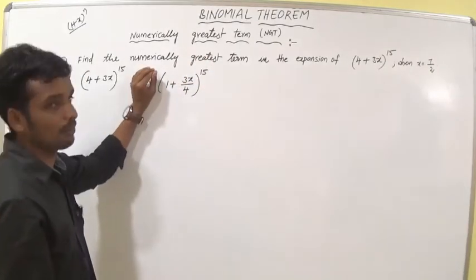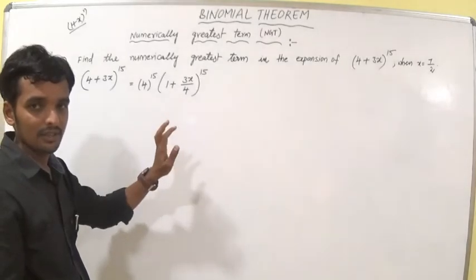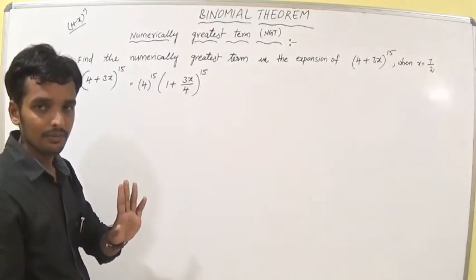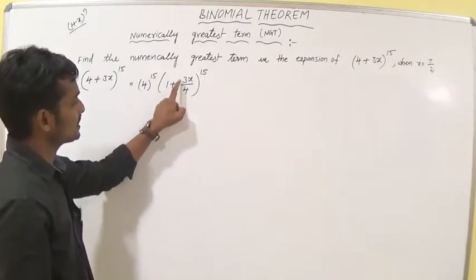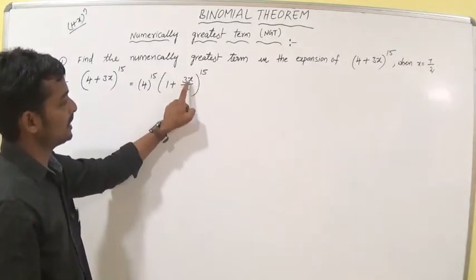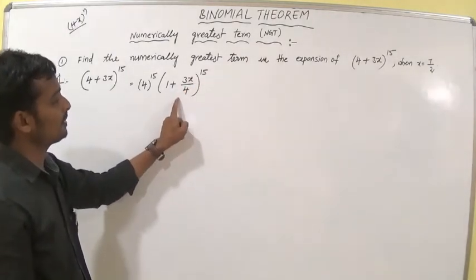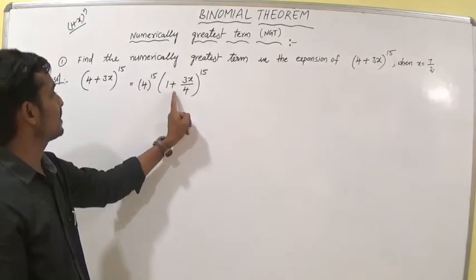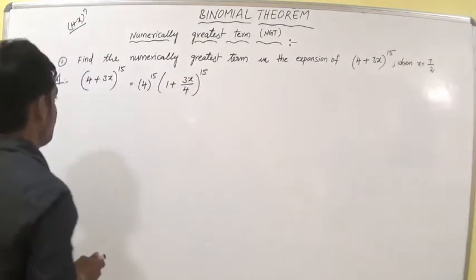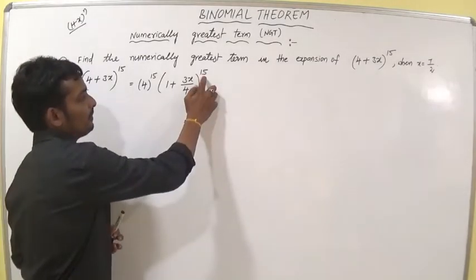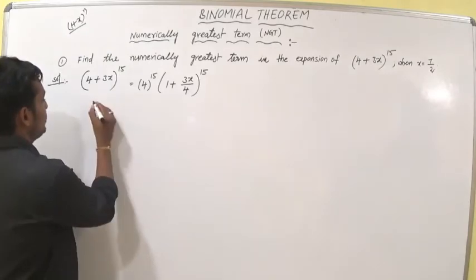Did you understand? Do you have any doubt? So in this case, the value of n is equal to 15. The first problem I am writing clearly here.